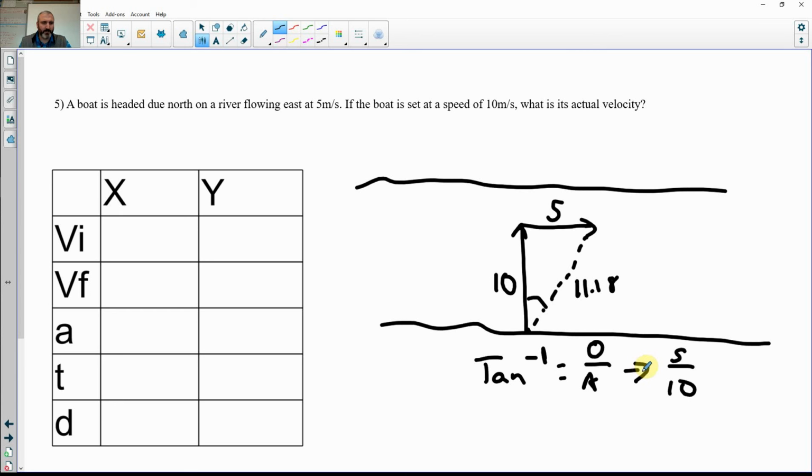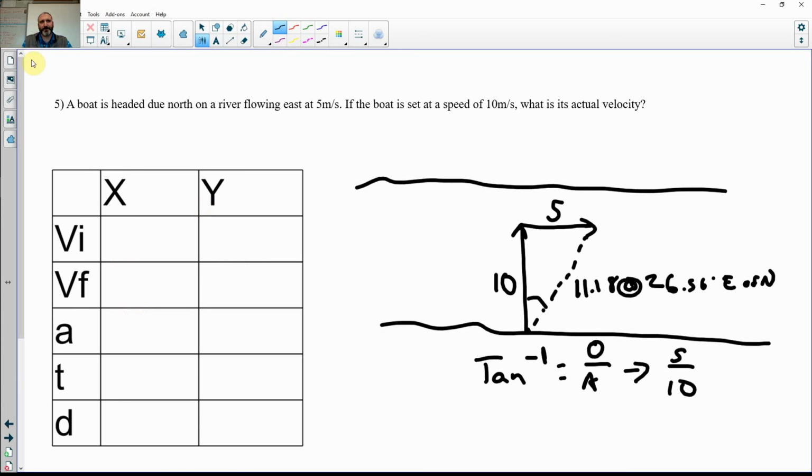That should be 26.56 degrees. So 11.18 meters per second at 26.56 degrees, technically east of north, because we're going east after we go north. Okie dokie. Hope that made sense. That really wasn't supposed to be too hard.